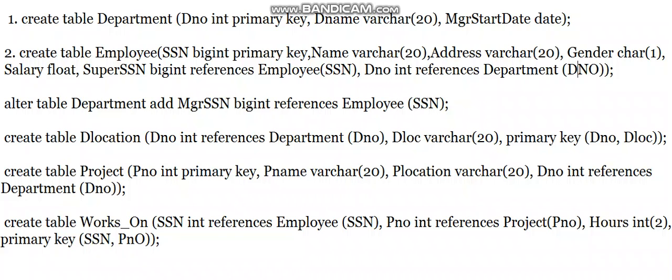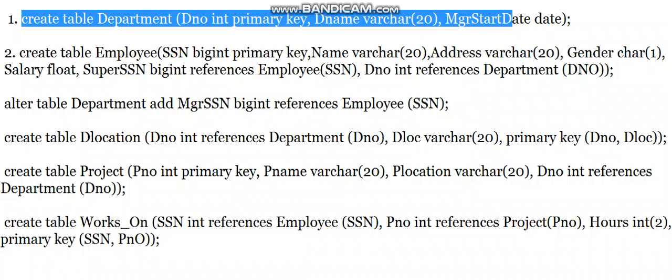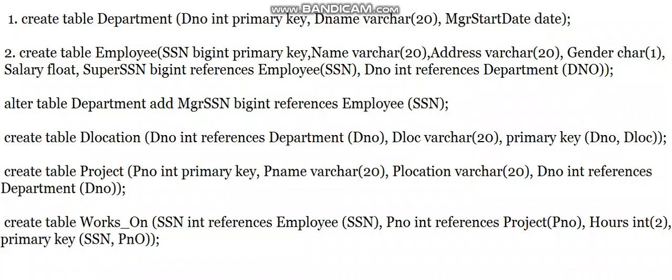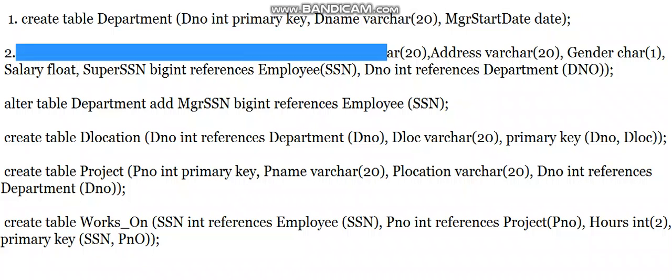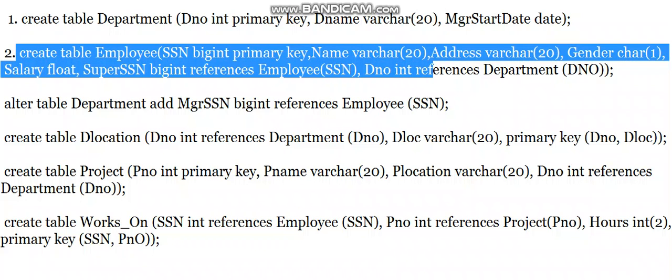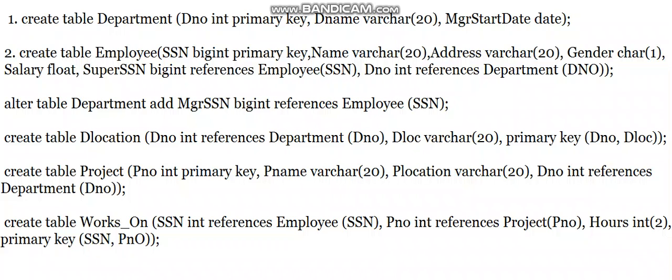Now after creating this, I have to alter the table because I have missed the manager SSN. After creating the employee, you can go and create the manager SSN and refer to SSN.